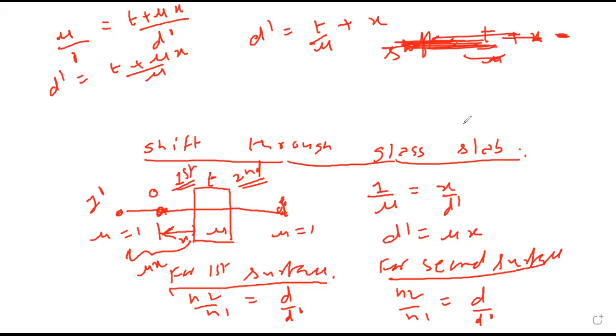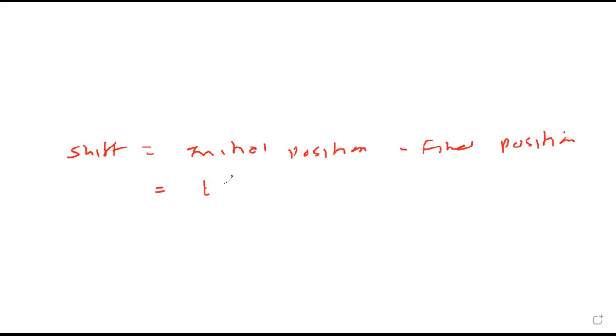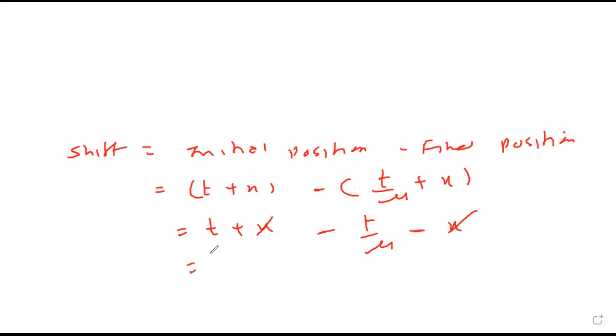So shift equals initial position minus final position from the eye. Initially the object was at a distance of t plus x, thickness of glass plus x, and in the second case it was at t upon mu plus x. So it is t plus x minus t upon mu minus x, x cancels, t into 1 minus 1 upon mu.